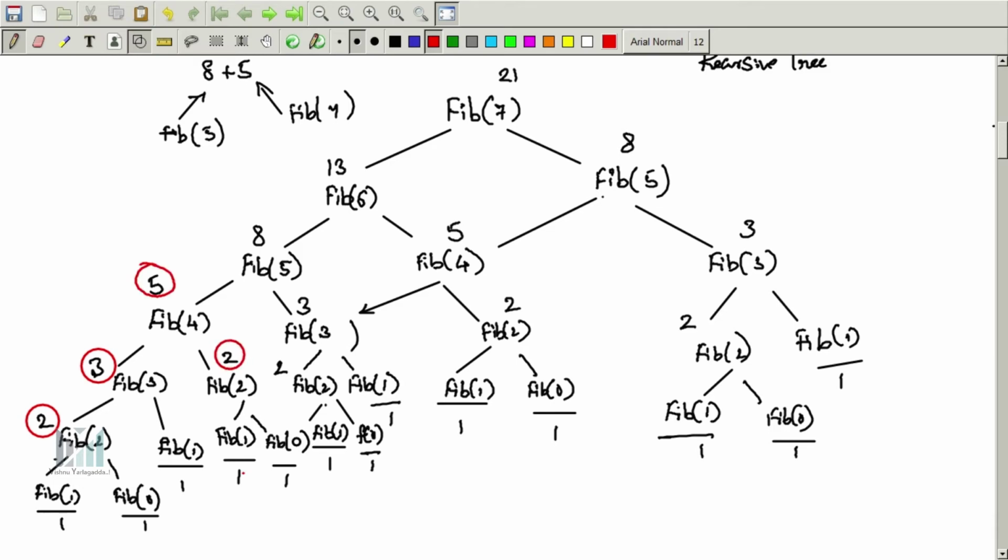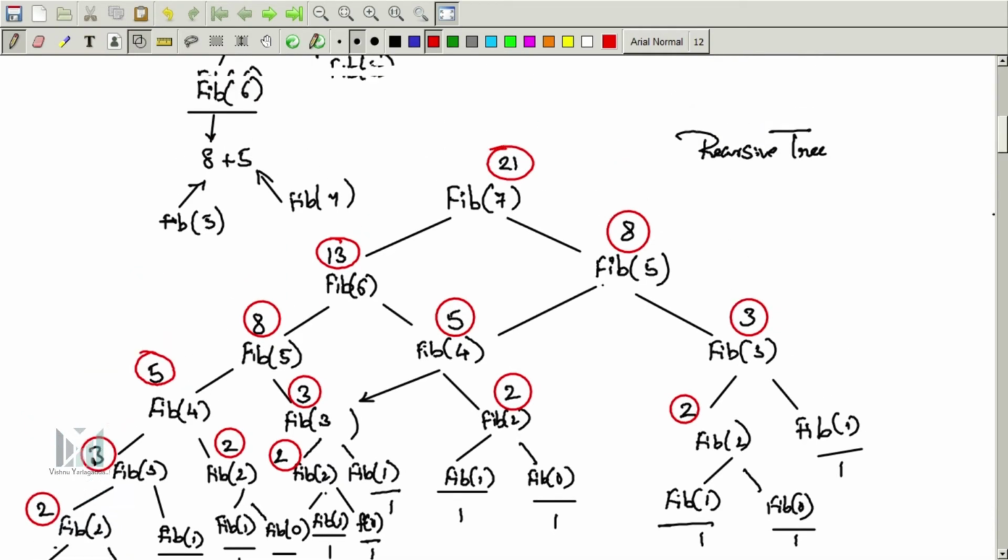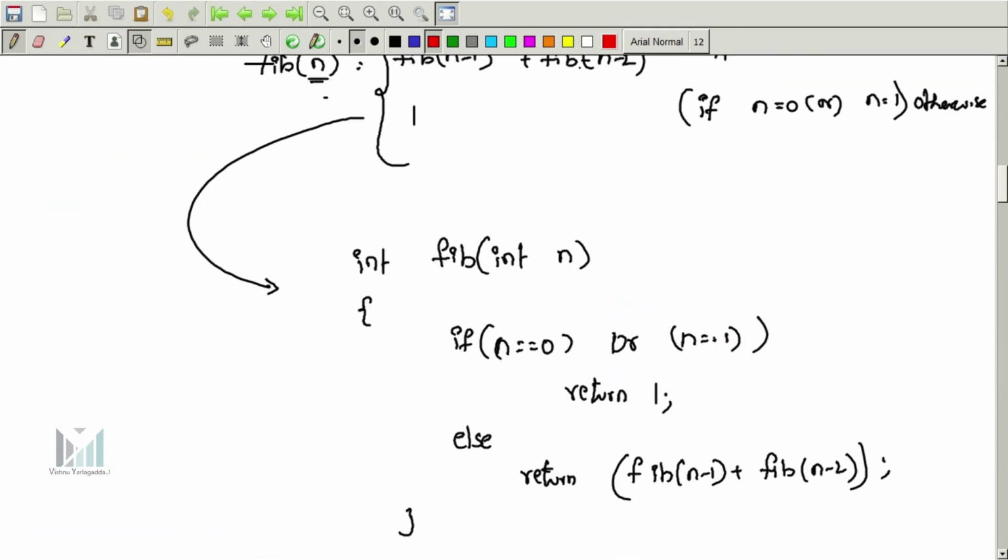Then 1 plus 1 is 2. 2 plus 1 is 3. 5 plus 3 is 8. Then 1 plus 1 is 2. 3 plus 2 is 5. 8 plus 5 is 13. So you can see 1 plus 1 is 2, 2 plus 1 is 3, 5 plus 3 is 8, 13 plus 8 is 21. Likewise, it is going to perform the operations.